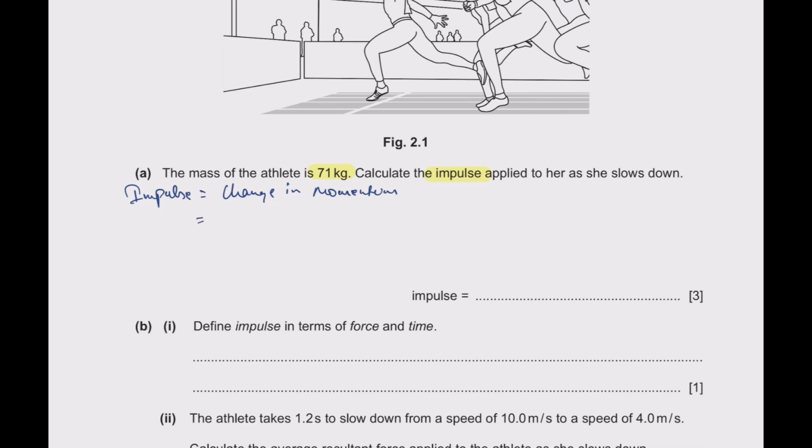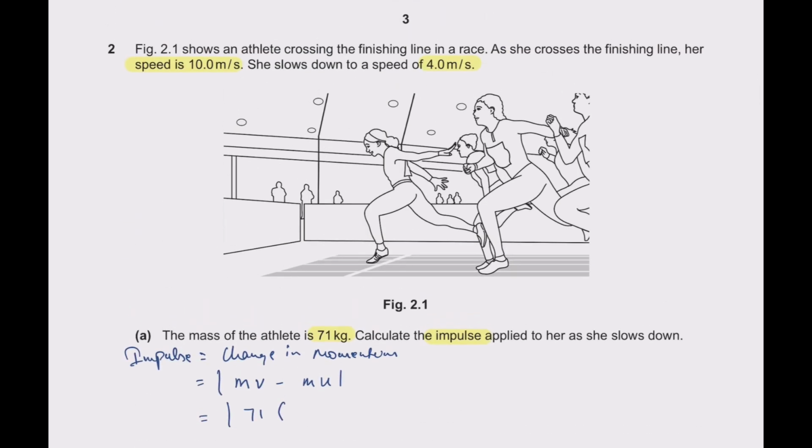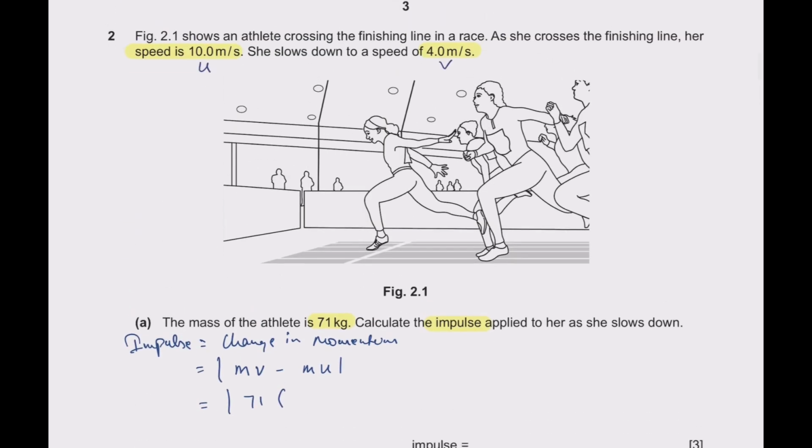Here we are supposed to calculate the magnitude, so I can take out the common mass, which is the same, that is 71. Final velocity is 4, initial is 10.